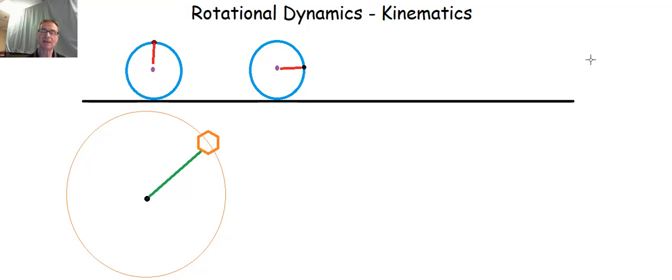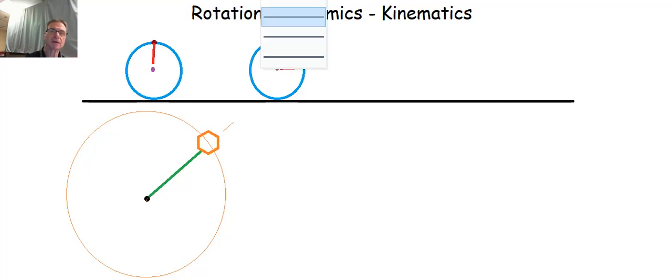To try to make that a little bit more clear, in the picture down here at the bottom, what we've got is an object and a center of rotation right here, right? And here's our object out here, okay?